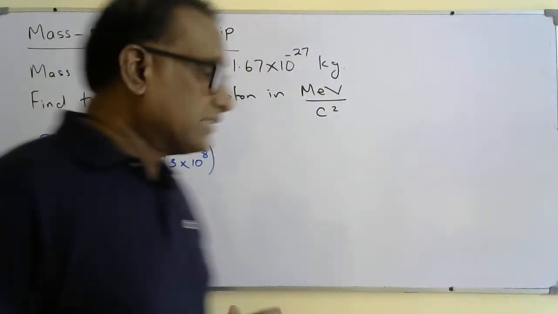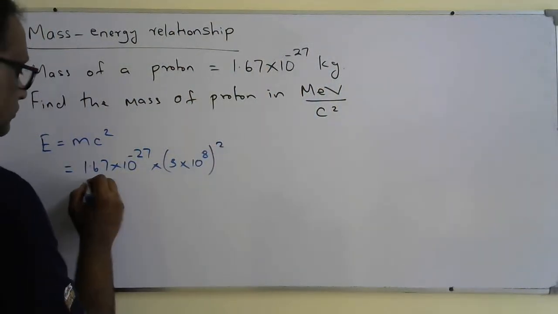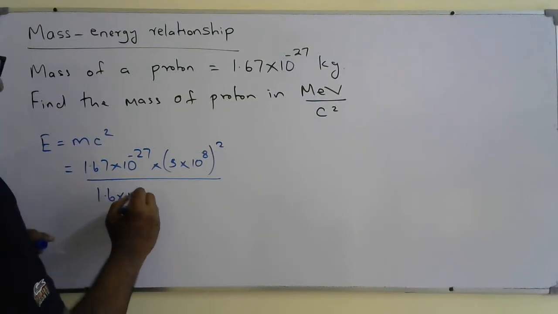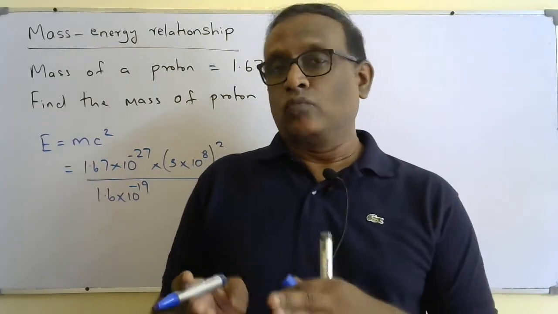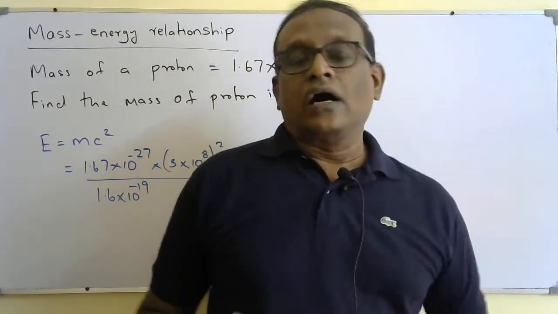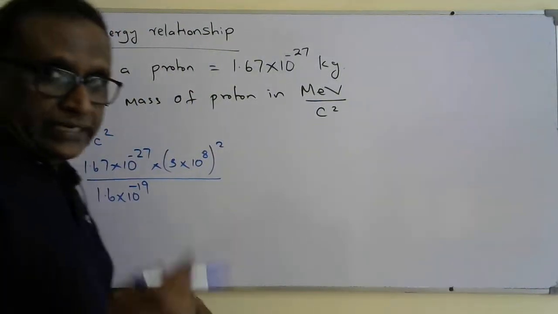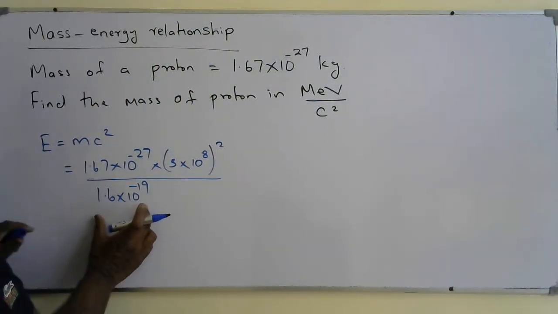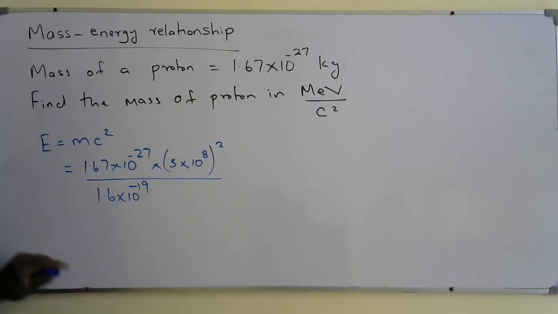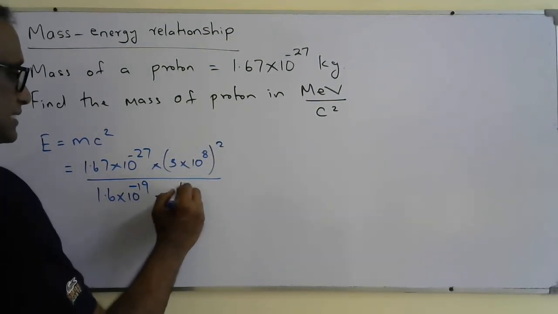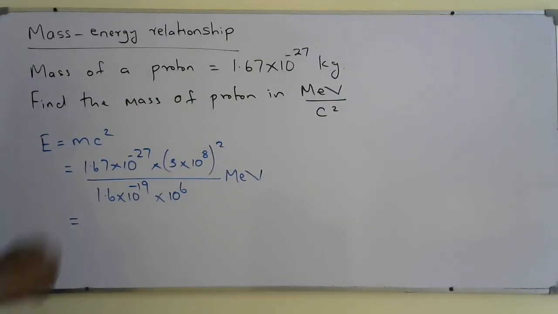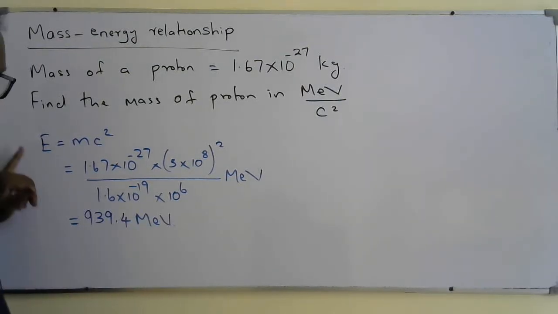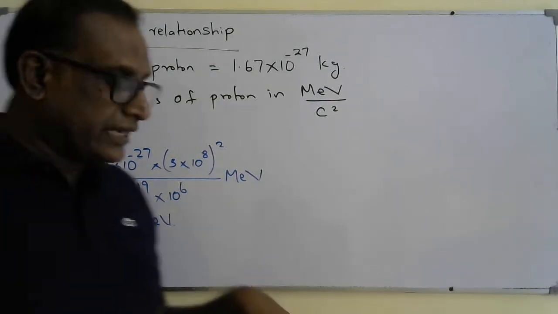To convert to electron volts, we know that 1.6 times 10 to the power minus 19 joules is equal to 1 electron volt, so divide by 1.6 times 10 to the power minus 19. To convert to mega, divide by 10 to the power 6. Solve it and you will get the equivalent energy of the proton, which is 939.4 mega electron volts.